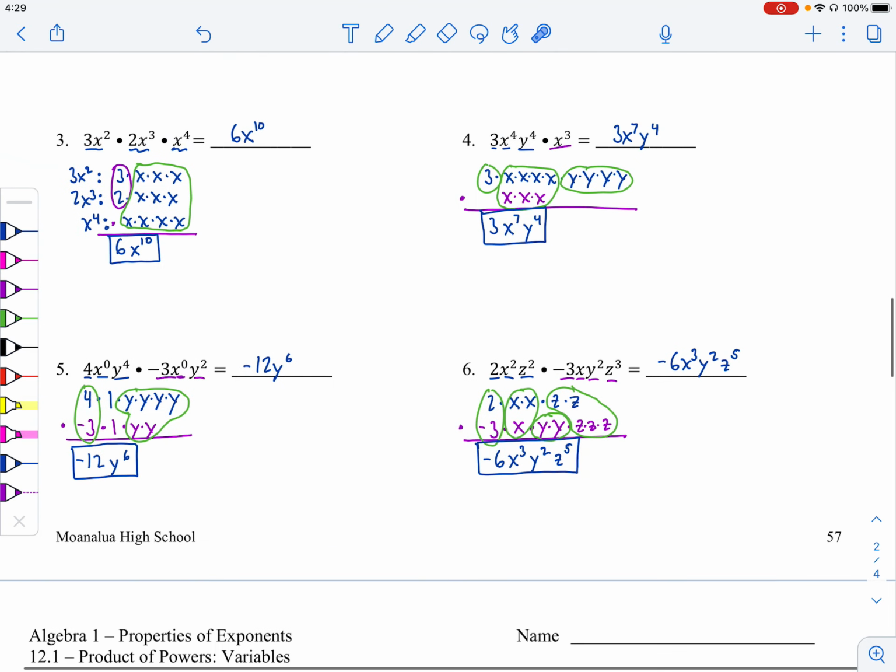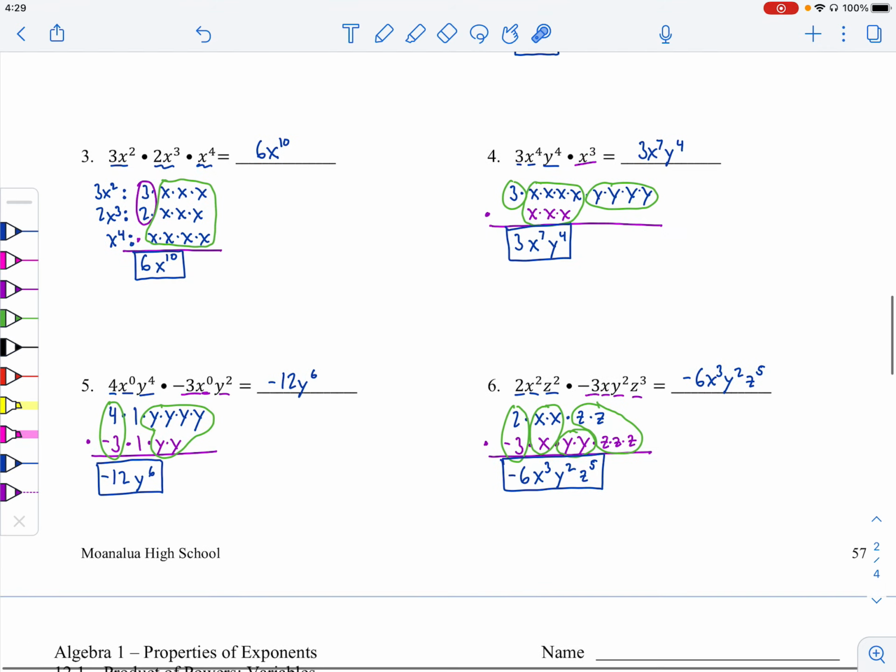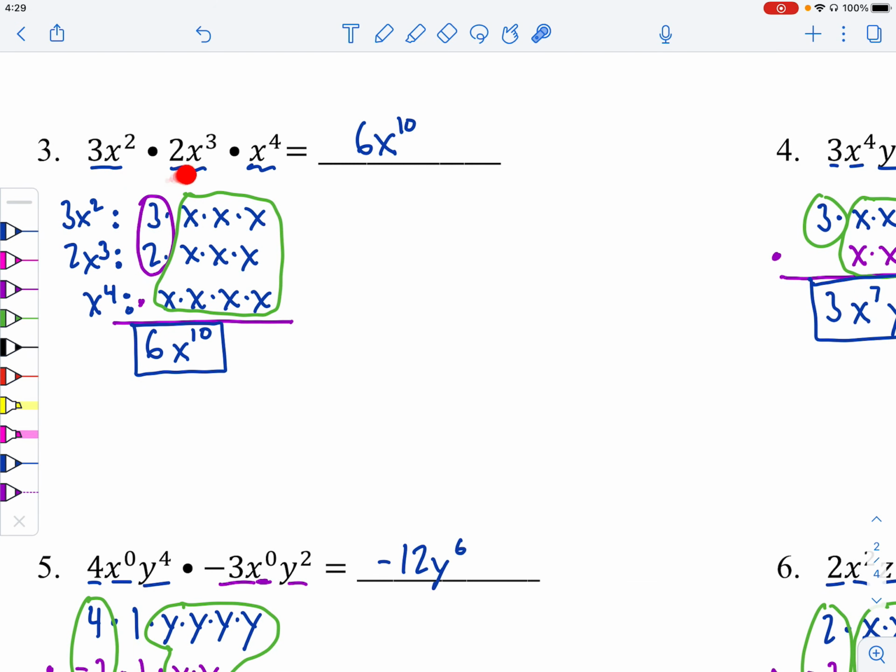Okay, so you're just multiplying your coefficients, the numbers in front, and you're counting how many you have of each variable. And that's all it is to it, like this one. 3 times 2 times 1 is 6. You count how many x's you have. 2 plus 3 plus 4, that is 5. Wait, what did I do?